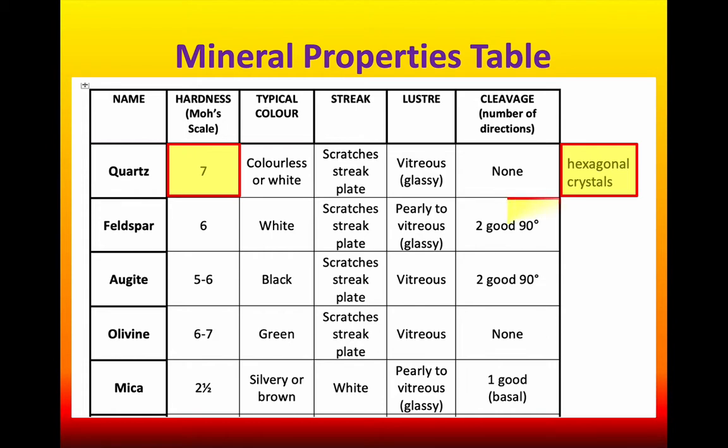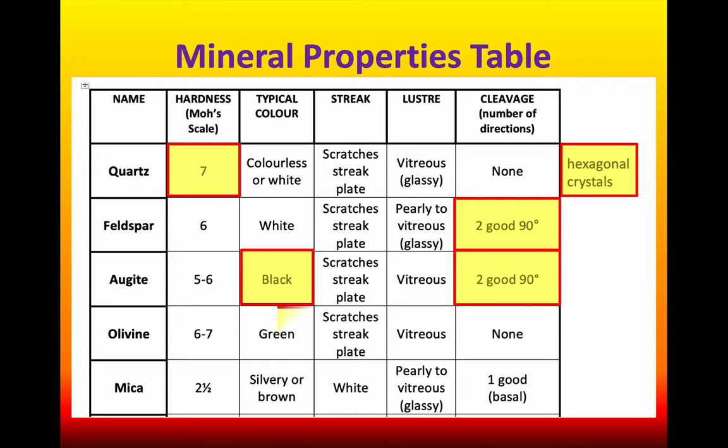Feldspar, which we know is light in colour, has these two good cleavages at 90 degrees. Augite is black in colour, again with two good cleavages at 90 degrees, but it's the only mineral that's on our specification that's black.